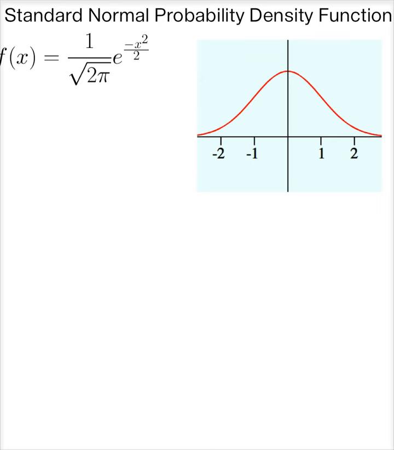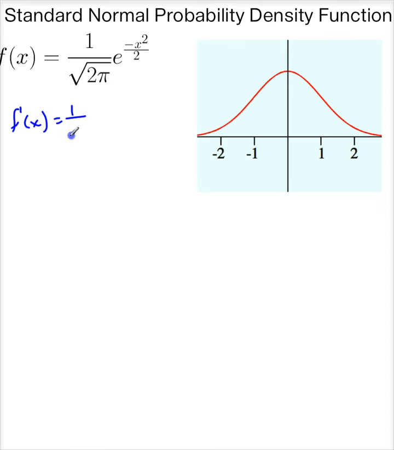Now the standard normal probability density function is something that's used quite a bit in the real world. So let's look to see where possible inflection points are, which means we need to find f'(x) to start with.